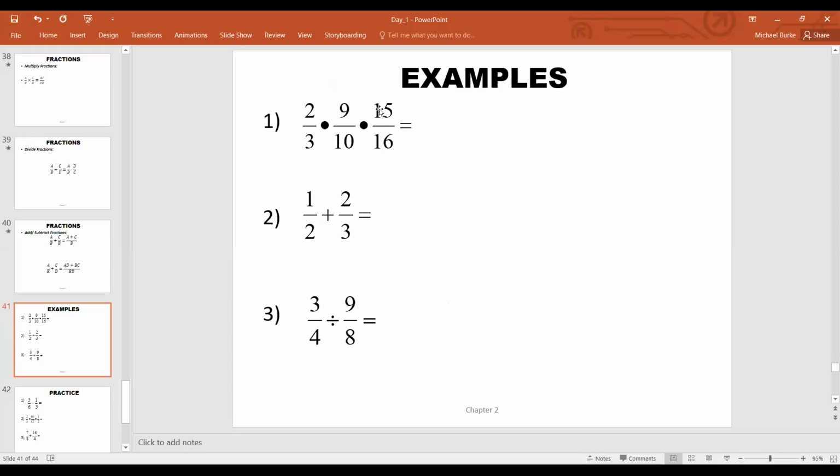15 is 270, I believe. 18 times 15, yeah, 270. Okay.